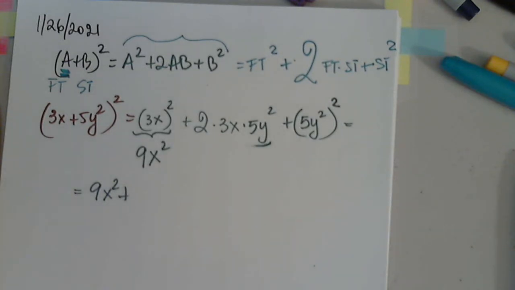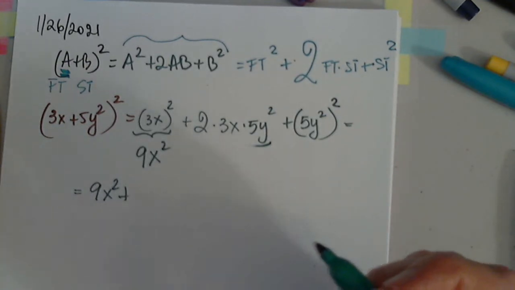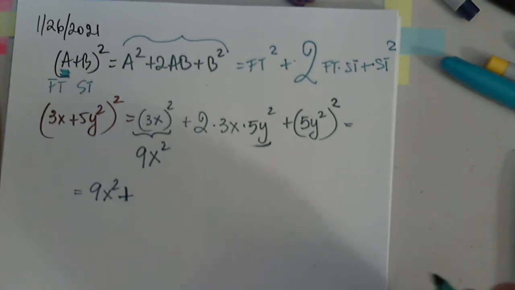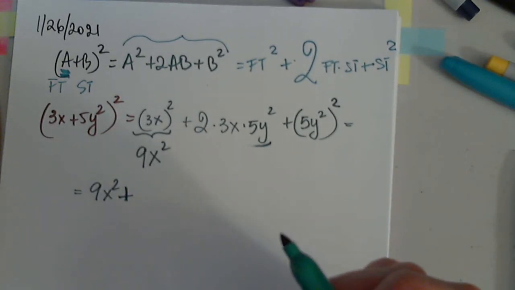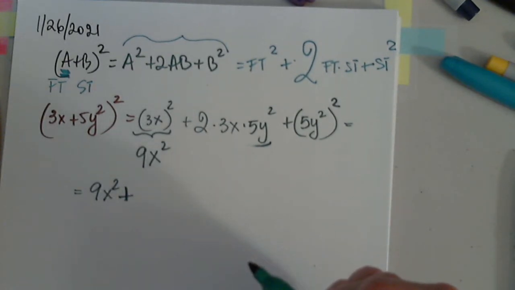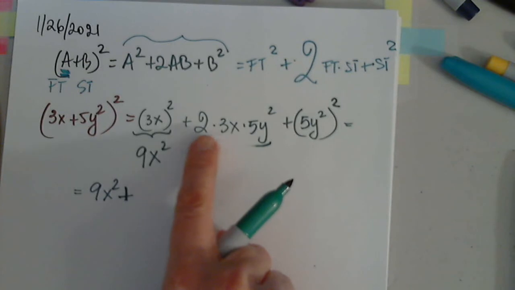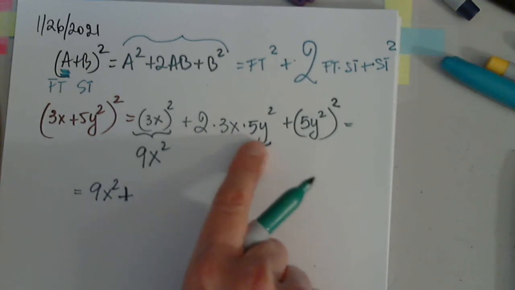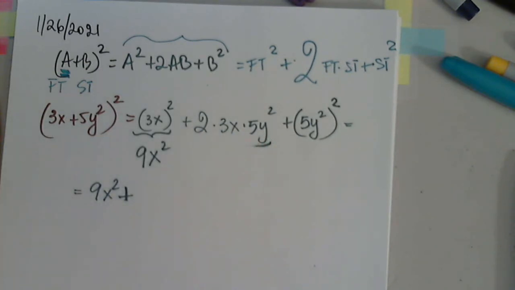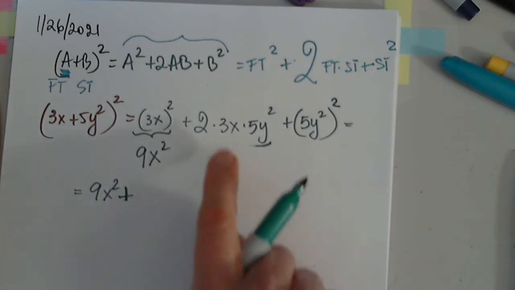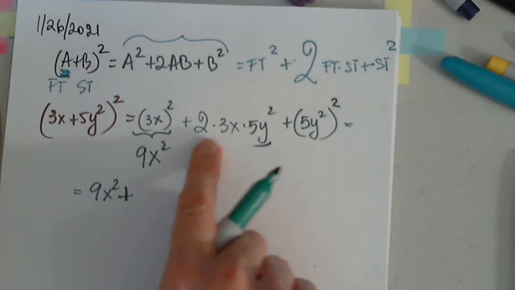Is it Derek? Sure. It's 2 times 3, 15. Careful. So you are saying 2 times 15, or you're saying 6 times 5?